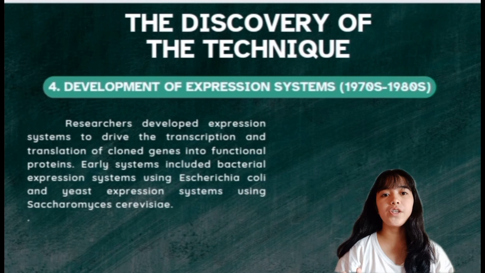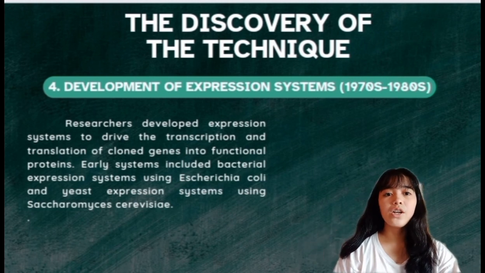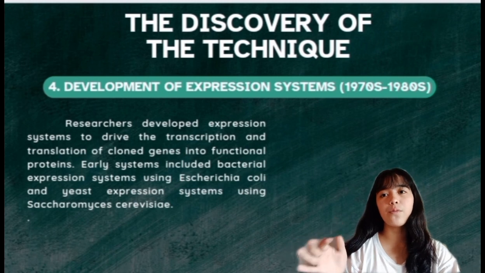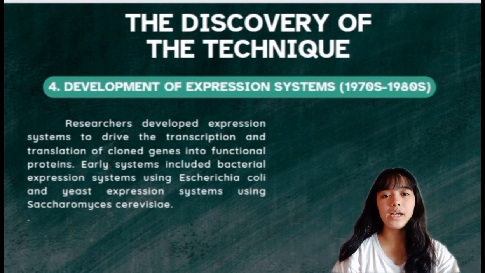In the yeast expression system, the gene of interest is also introduced into a suitable plasmid vector, which is then transformed into the yeast cells, and these yeast cells carry out the replication of the plasmid and transcribe and translate the gene, resulting in the production of the desired protein.